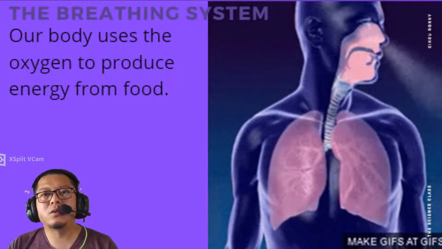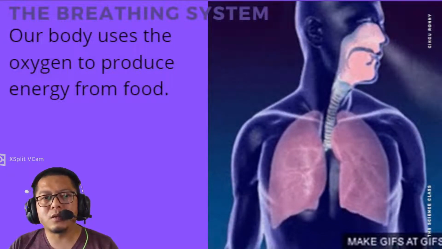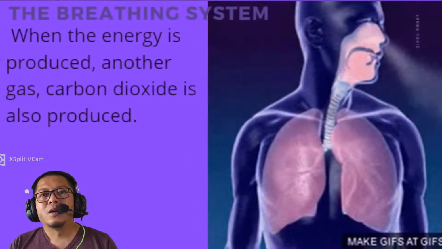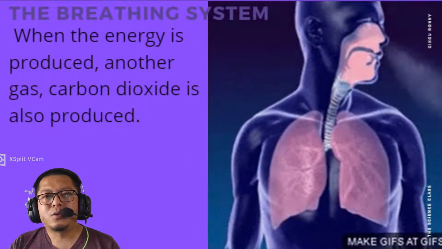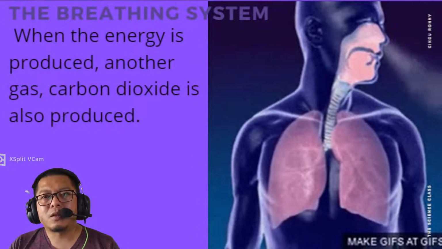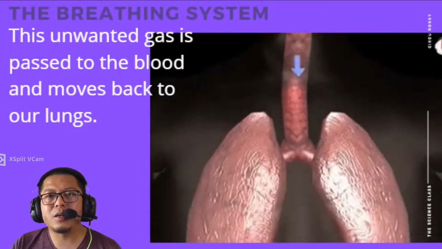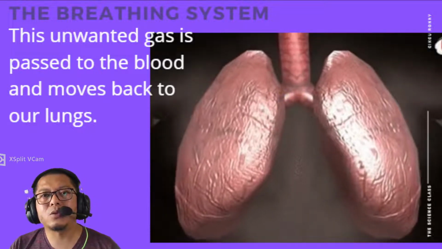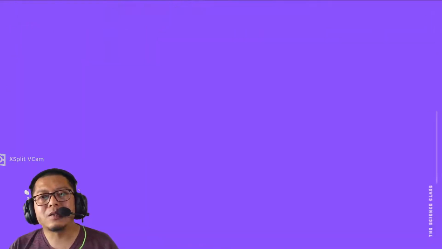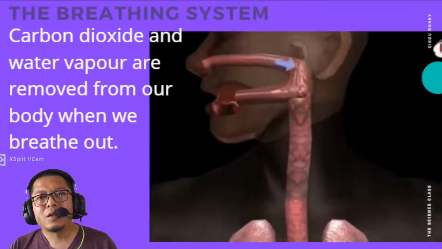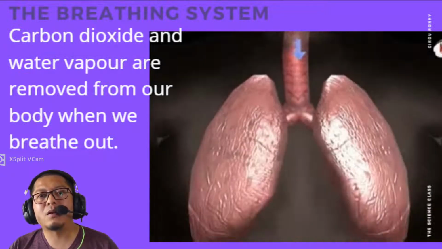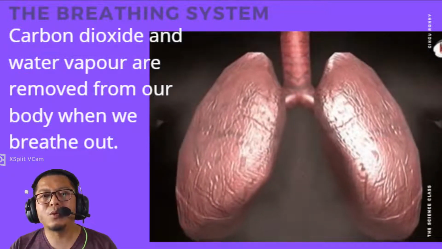Our body uses the oxygen to produce energy from food. When the energy is produced, another gas, carbon dioxide, is also produced, and this unwanted gas is passed to the blood and moves back to our lungs. As you can see here, carbon dioxide and water vapor are removed from our body when we breathe out.